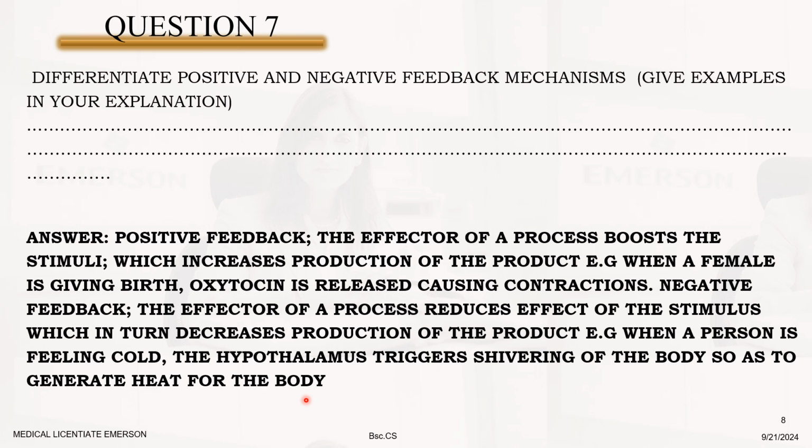The effect organs, which are the muscles in this case, will start to cause shivering, which in turn reduces the effect of the stimulus, which is the cold. But this is not the only difference, of course. This is just the one I found easy to remember, and the examples are also easy to remember.